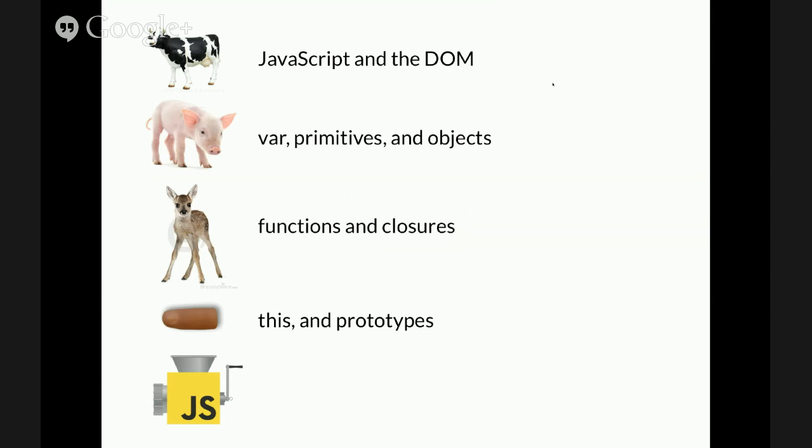So the goal is to do this basics of JavaScript today, and then we'll be talking about how primitives and objects work in the future, how functions and closures work, how this and prototypes, and that'll kind of conclude our JavaScript.